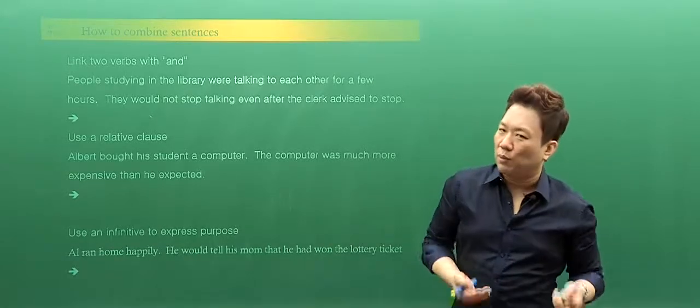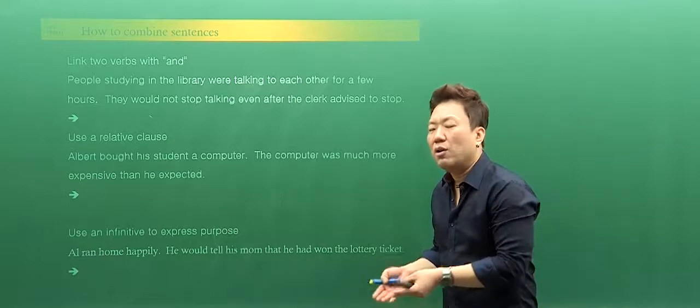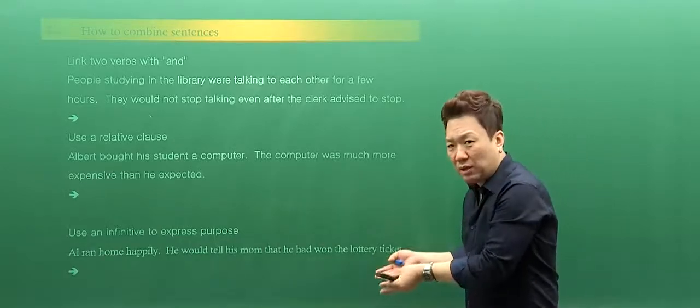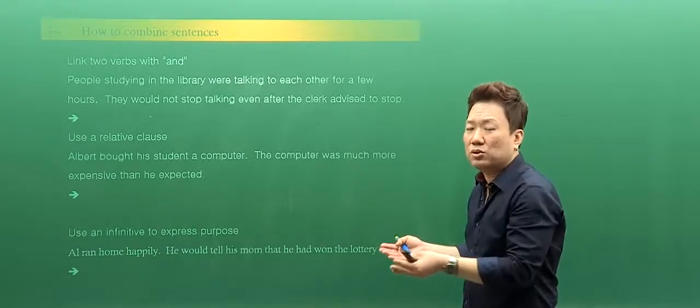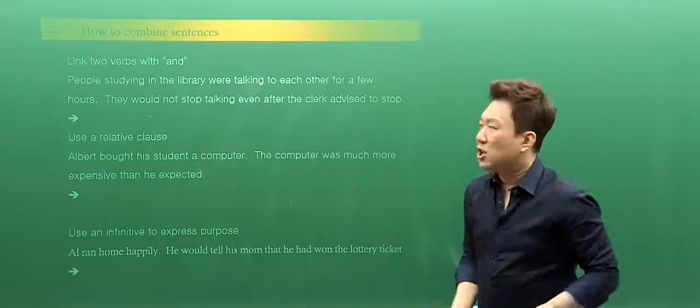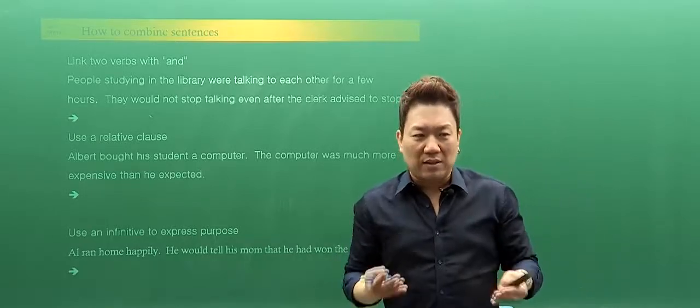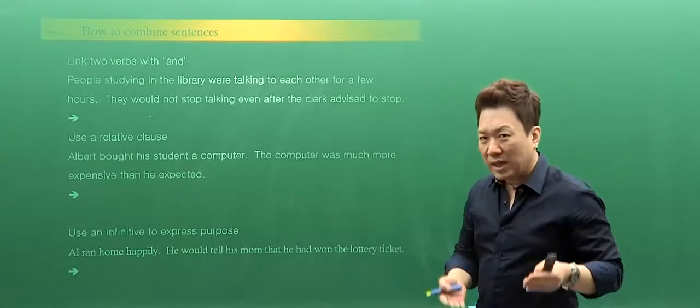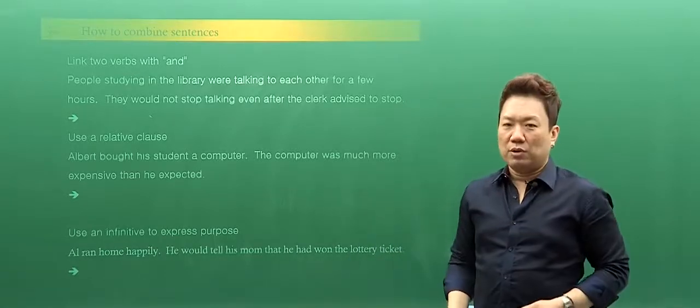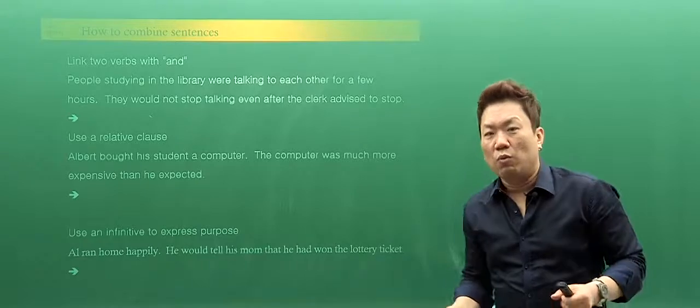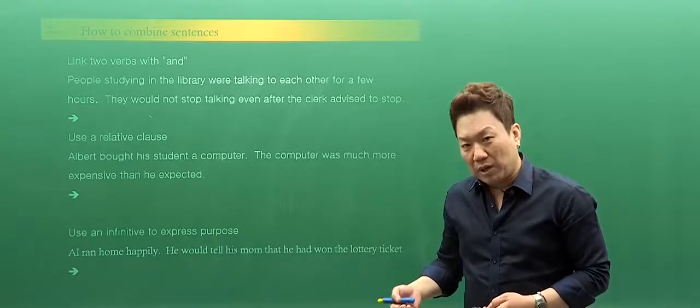No, it's not really the important thing. Okay, these are the important steps to combine those two sentences. That's good. If you understand this one, yeah, you will have advantages to deal with the questions. That's true. However, you have more important things to memorize.